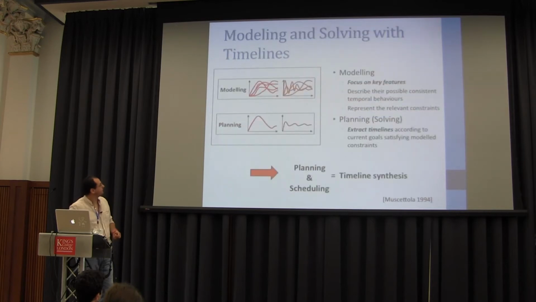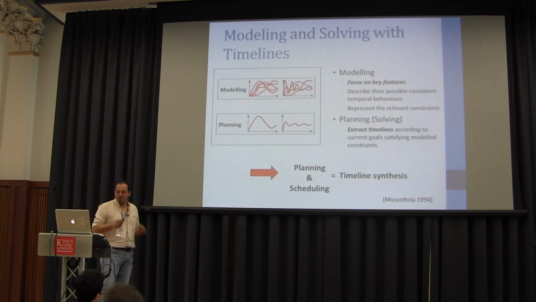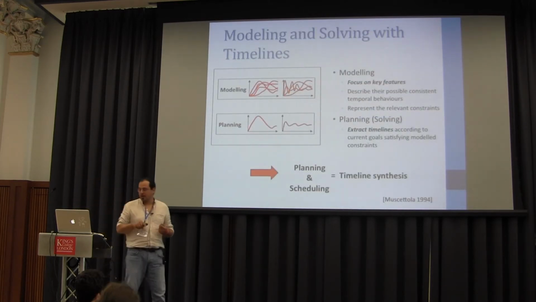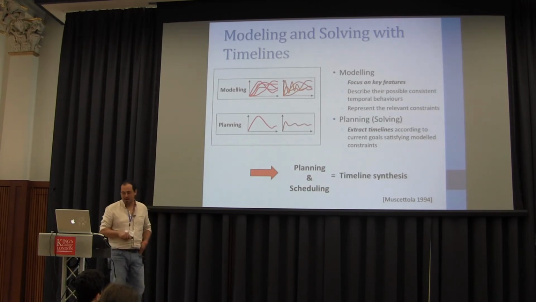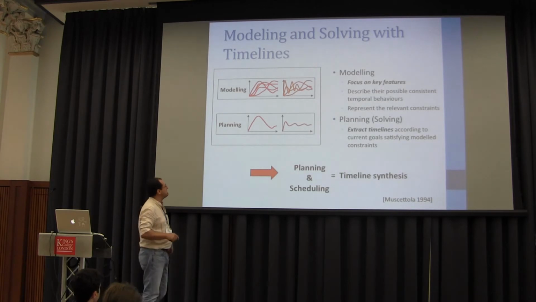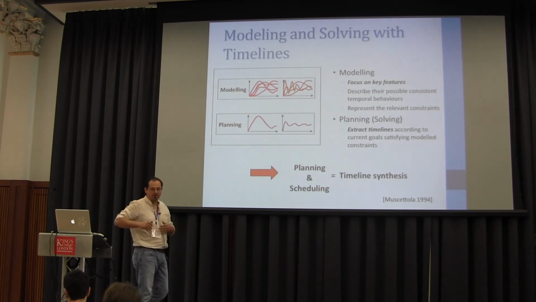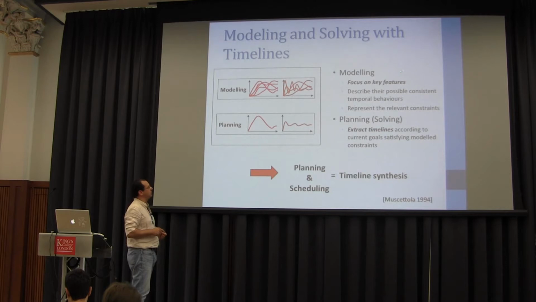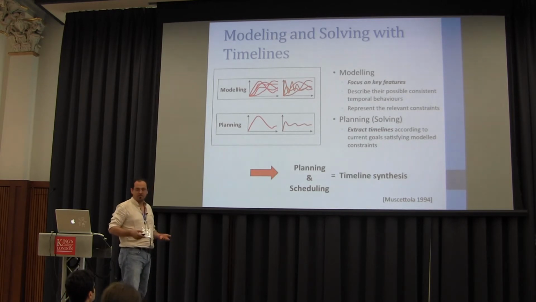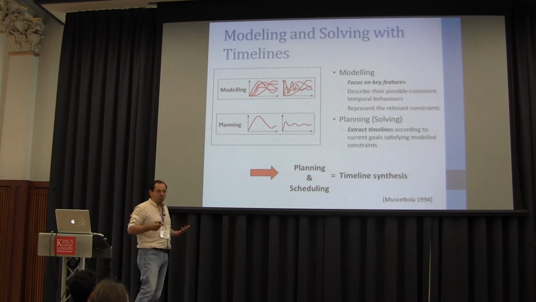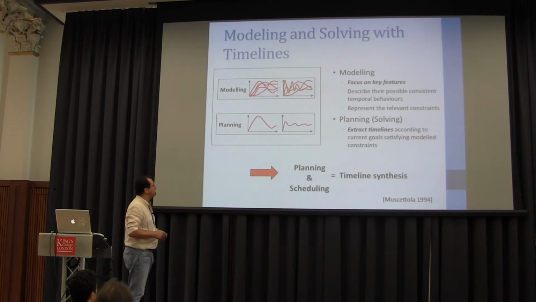And as I was saying before, we pursue a timeline-based approach to planning. Basically, for the ones that never heard about this, it is a different way of doing planning, focusing on some key features that represent, let's say, the main behavior of the system that is supposed to be controlled.